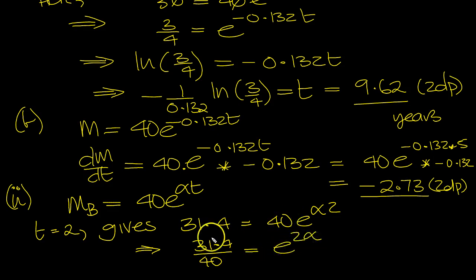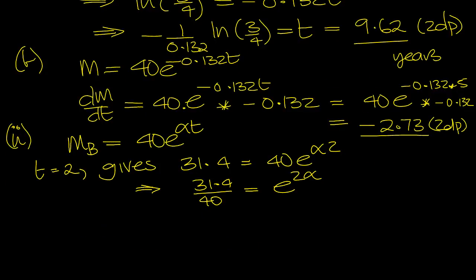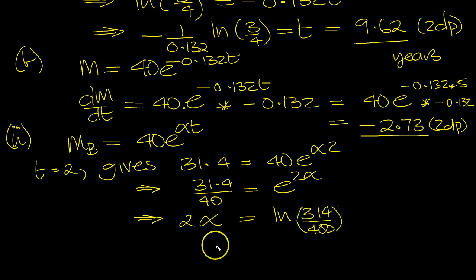So we just move the 40 from times to divide, and then take the base e logarithm, so 2 alpha is equal to the log of, and I'm going to times this top and bottom by 10, 314 over 400. And then alpha is equal to half, ln of 314 over 400.